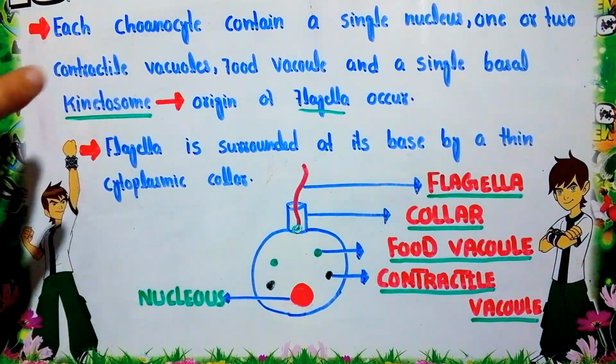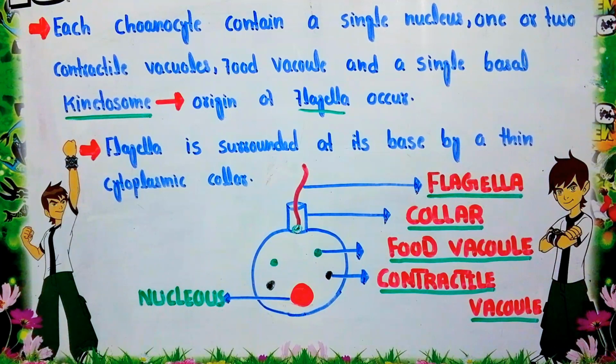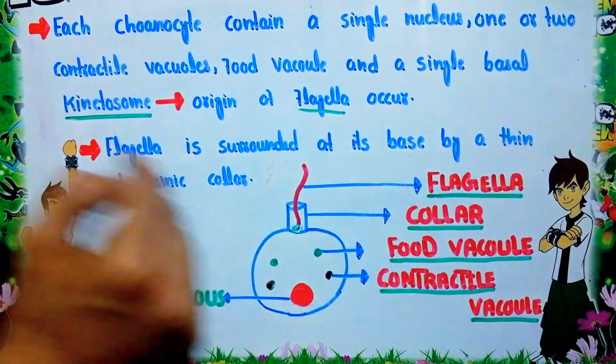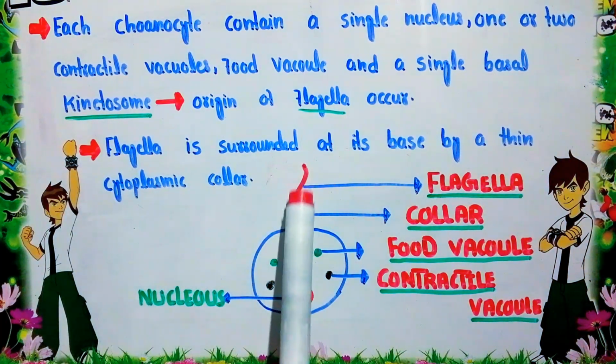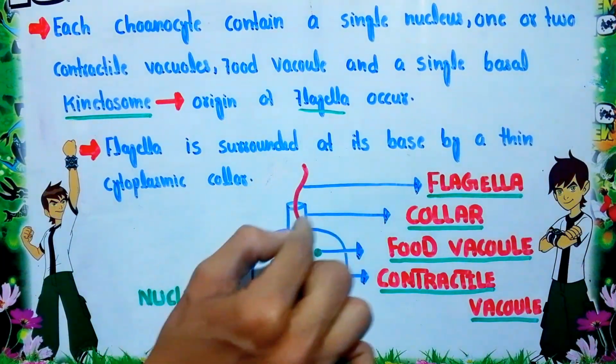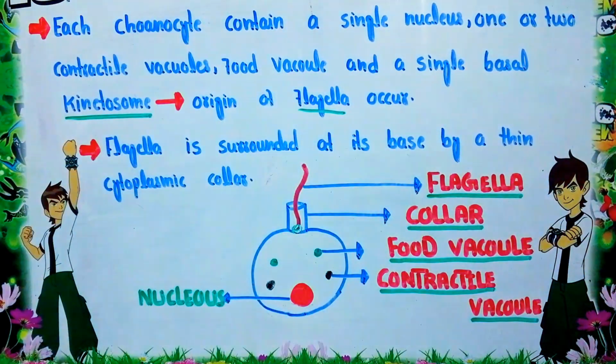What is the function of this important choanocyte cell? One point is left that we will discuss, and then we will discuss the function. The flagellum is surrounded at its base by a thin cytoplasmic collar. You can see here this is the base of the flagellum, where a thin cytoplasm is present, called the collar. Now what is the function of this choanocyte cell?